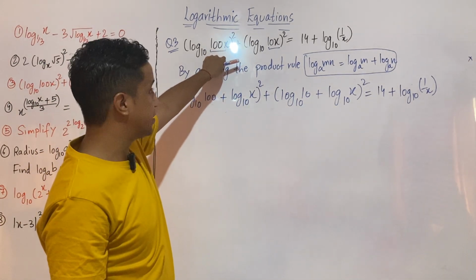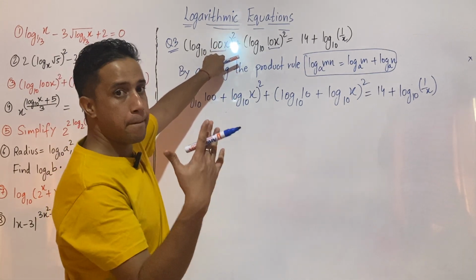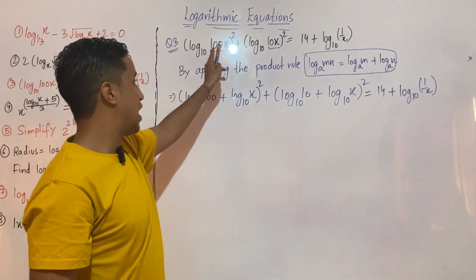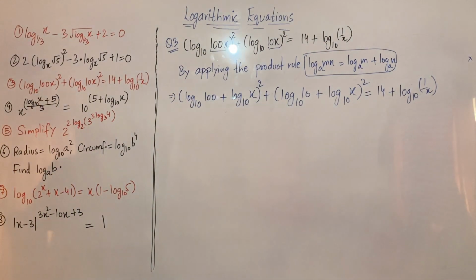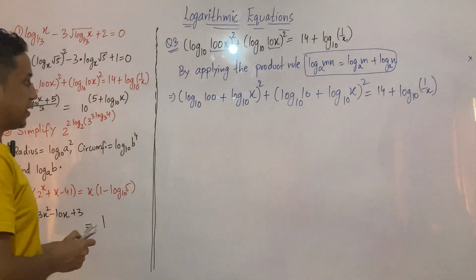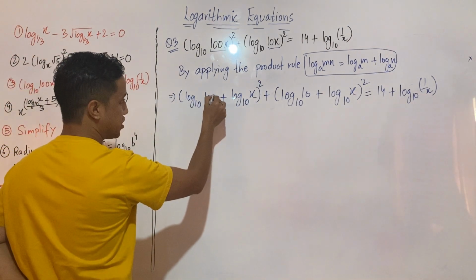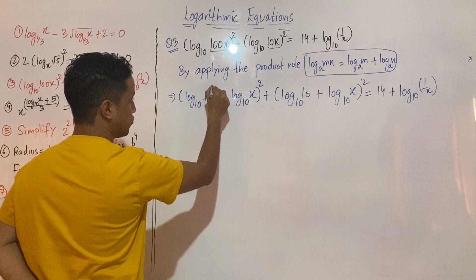What I have done is that here I assumed it to be m multiplied by n, and then I applied the product rule in both the terms. Okay? Now, this thing can further be written as, see here, this 100 can be written as 10 square.